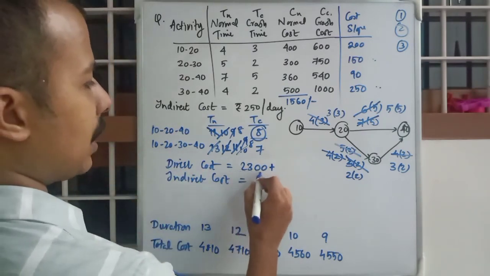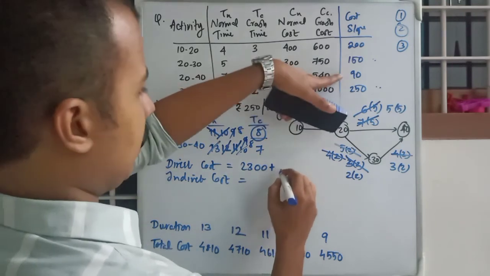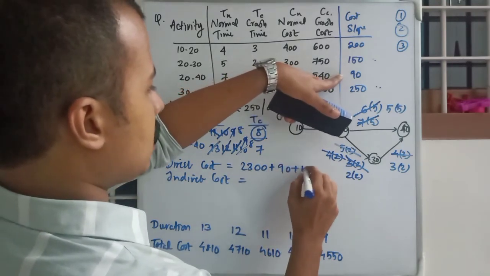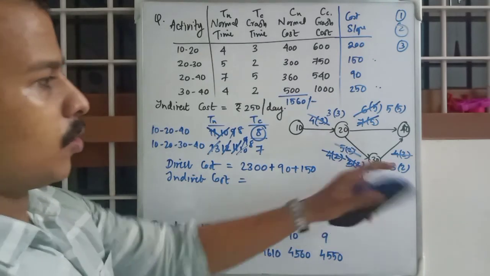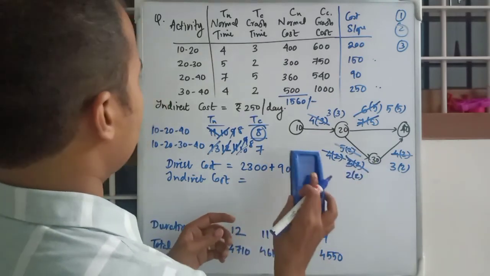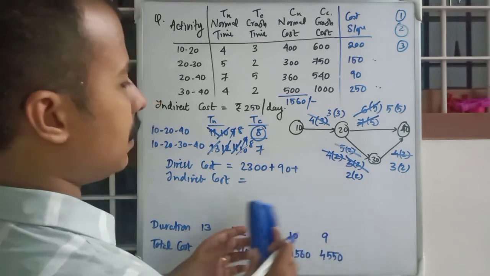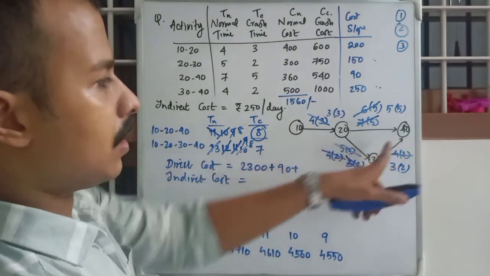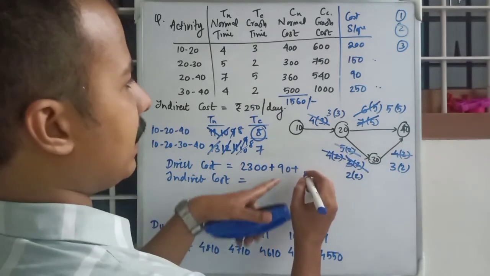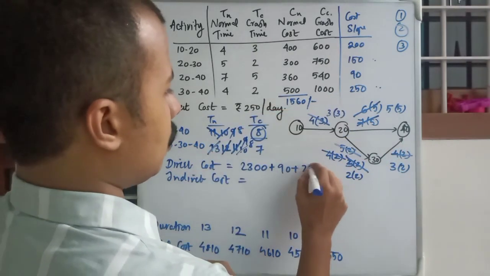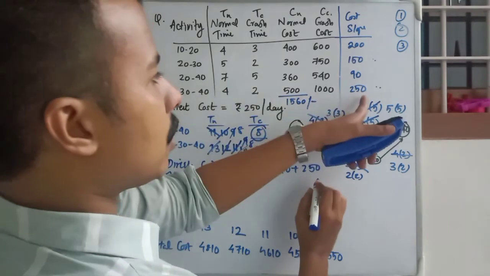So 2300 plus 90 plus, not 150, we crash 30, 40 instead of 20, 30, so 90 plus 250 for 30, 40.